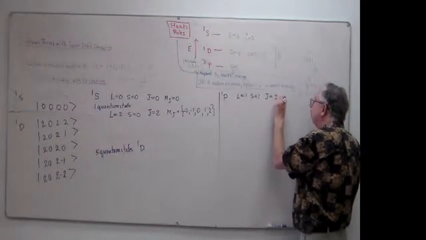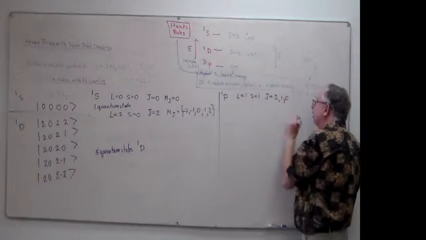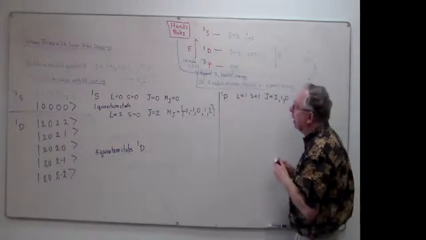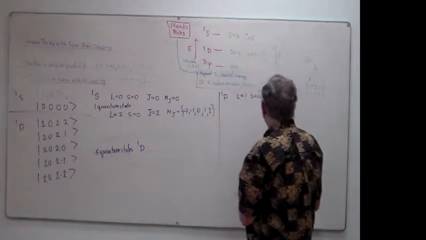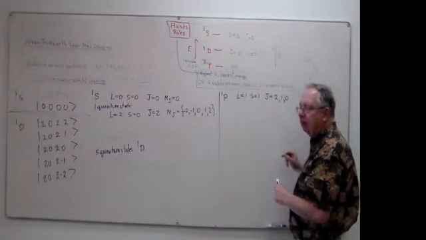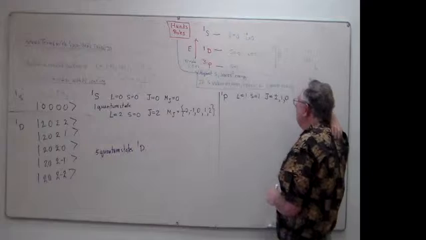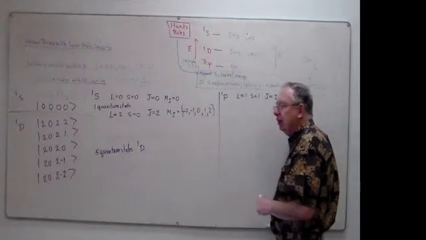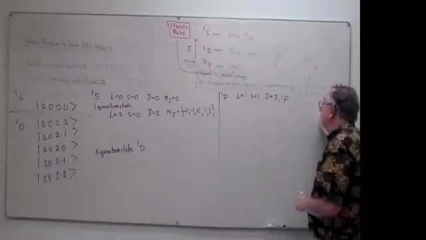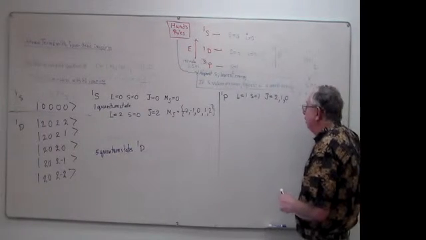Oh, it can't be negative. J can take on 3 values, 2, 1, and 0.